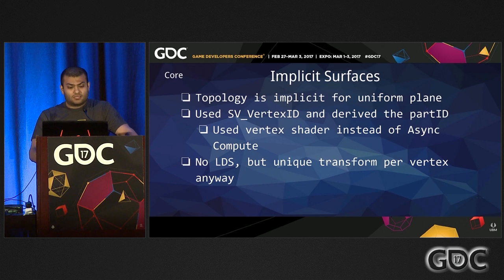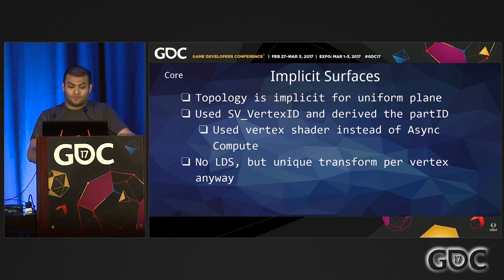So I want to touch on implicit surfaces. There were some types of surfaces that we used in the engine that were very uniform. It was just like a flat plane, so you can imagine a flag, which has a very uniform topology. You don't actually need to store geometry data for this. Given a width and height, you can derive where the vertices would be on this particular shape. You can use the vertex shader and the SV_VertexID attribute to derive where all the positions are of this actual shape, so all you need to compute is the transforms.